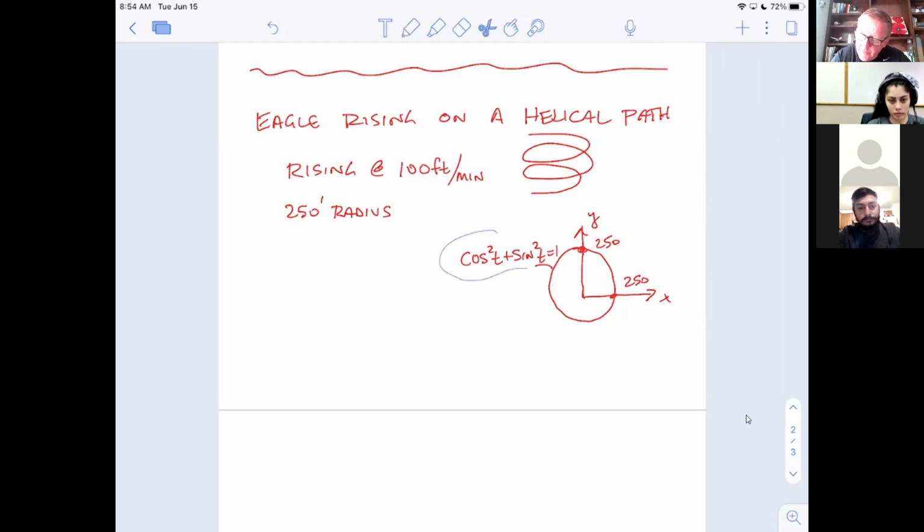And so all we'd have to do is modify that by putting 250 squared over there. Isn't that true? Then that would be correct. So for that reason, this would be your function.